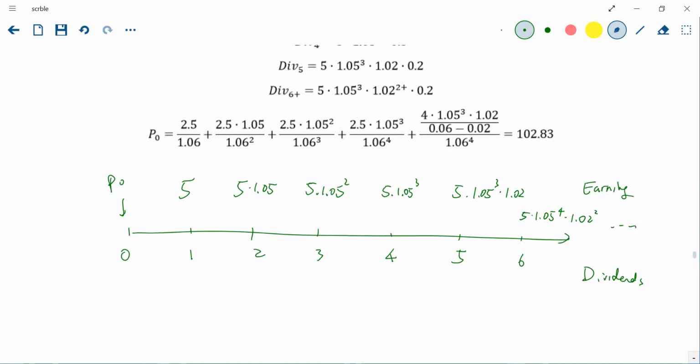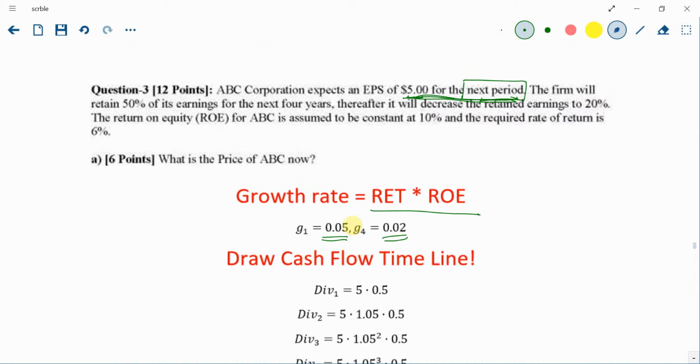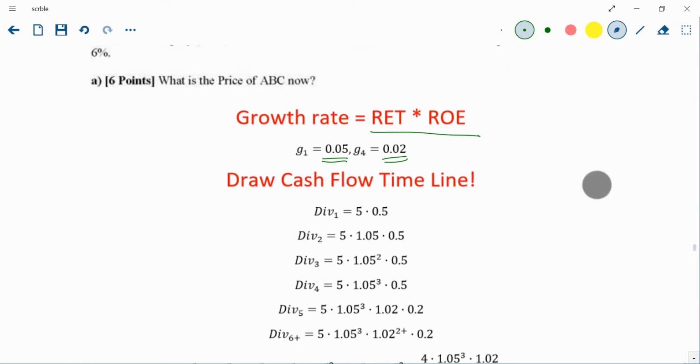Then calculate the dividends. It's just the earnings multiplied by the dividend payout ratio. The dividend payout is just 1 minus the retention ratio. So at the beginning you retain 50%, so it means you pay out the other 50%. After 4 years you retain 20%, so it means you pay out the remaining 80%.